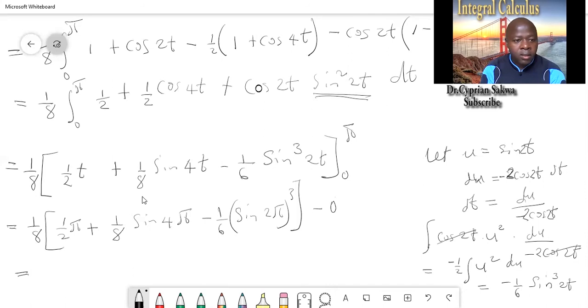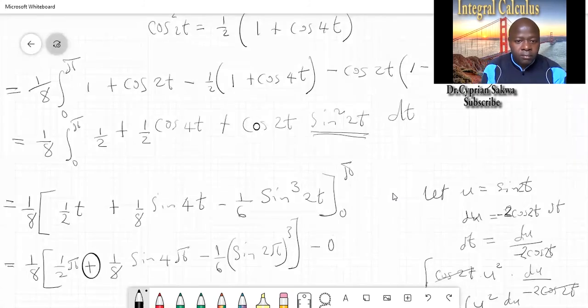Let's check and see. I'm seeing that this sign here is supposed to be negative. Let's see where we lost it. It's here at this point. Remember, this was giving us a half, and then this was cancelling with this one here. But at this point, this is supposed to be half negative.